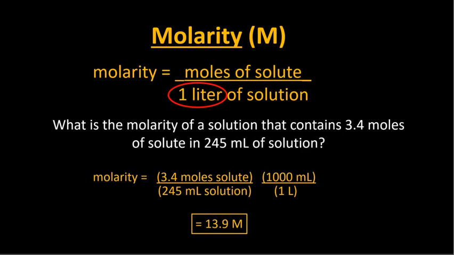It's talking about the chemical substance versus the volume of the solution. The main thing here is that it has to be in liters. So you will want to remember this conversion factor if you're going from milliliters to liters. If you need to look up the other conversion factors, that is fine.